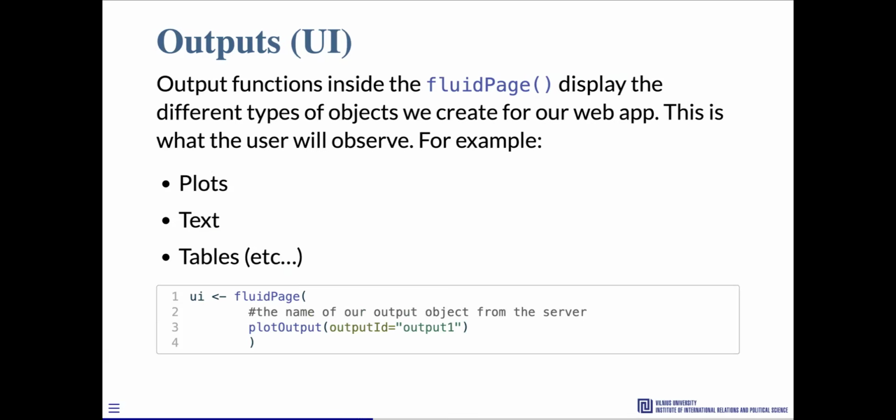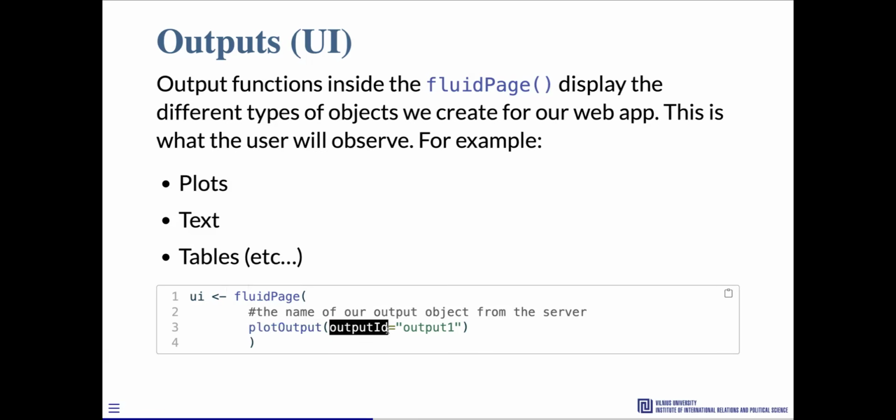And of course, inside UI, as I mentioned, we also have these output type of functions. These are the things, we're still in the user interface section or in the UI. So first we are collecting information with inputs, and here we are displaying information. There's a lot of user input functions. We're going to look at them in a bit. But here, what this example is doing is it's showing a plot output.